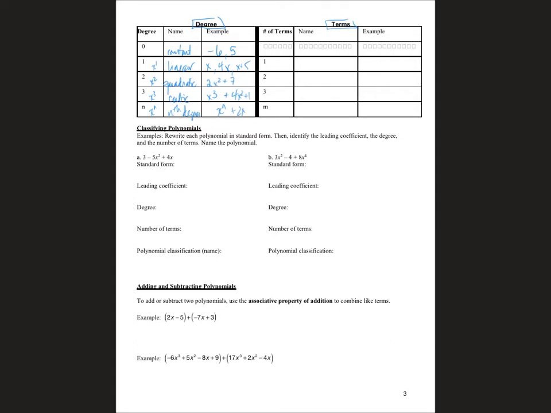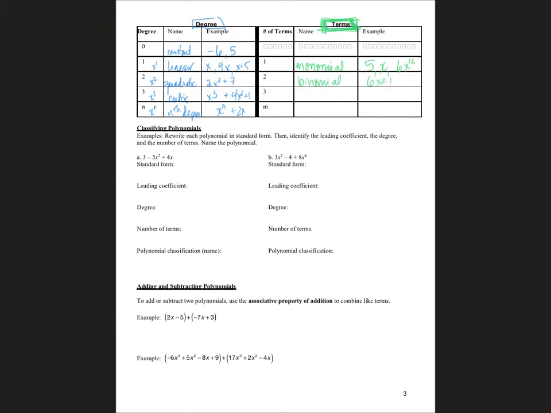Now, you also classify and name it according to the number of terms. Well, if you have no terms, you have no algebraic expression. If you have one term, we said it was a monomial. And remember, that could be a constant, it could be a variable, or a constant and a variable with a power, but it's connected by multiplication. If it's 2 terms, we said it was a binomial.